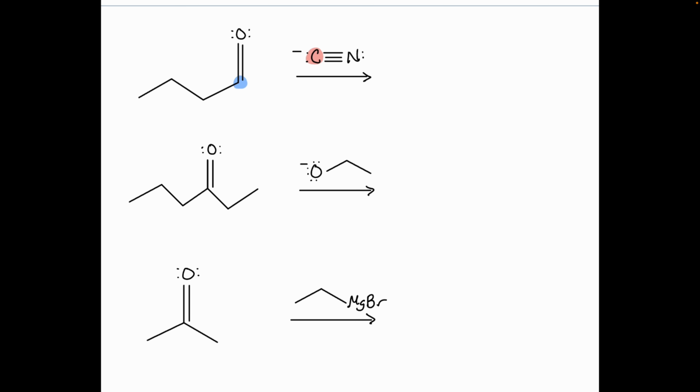None of these are gem diols because there's not twin alcohol groups on it. So it would specifically be if we use water or hydroxide that would be a gem diol. No, they're right. But you do have your nucleophile attached to your electrophile in each of them, right? That's the common thread. Yeah. Count carbons.